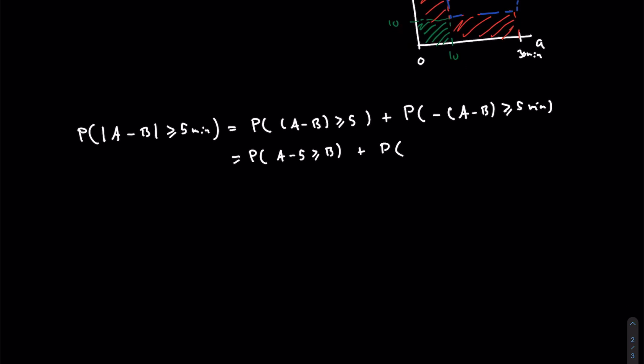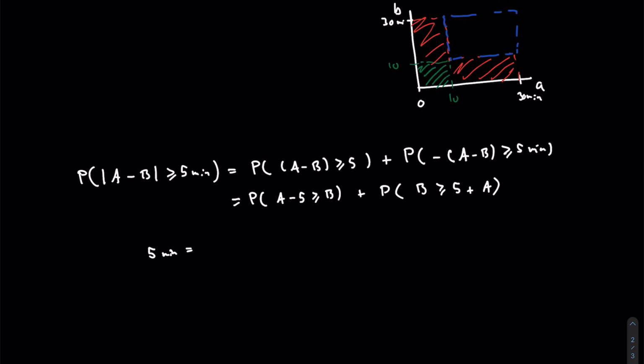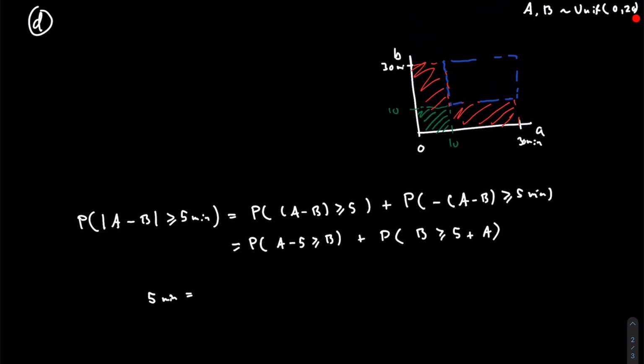And here we have B being larger or equal to 5 plus A. So 5 here means the event of 5 minutes, okay? Now, 5 minutes in this distribution here has 1/4 of a probability of occurring. So really these 5s are 1/4 here.